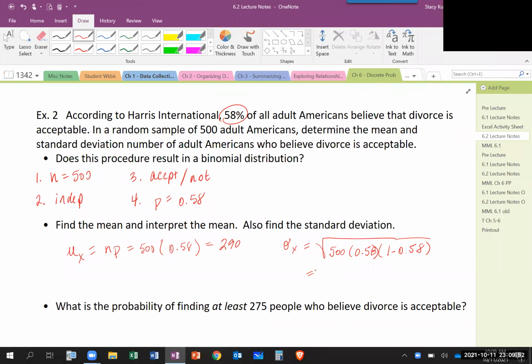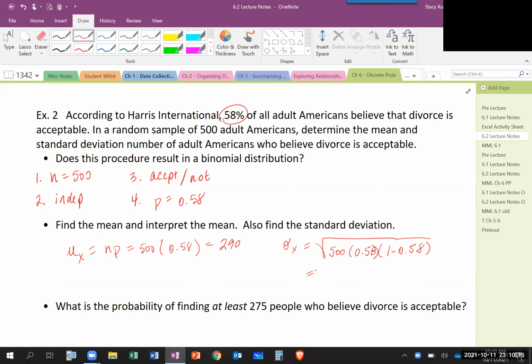So it would be 500 times 0.58 times 0.42, and then take the square root of it. Everybody needs to do that on their calculators right now. If you don't have a square root symbol and you're using a cell phone, turn it sideways. You get the scientific one.